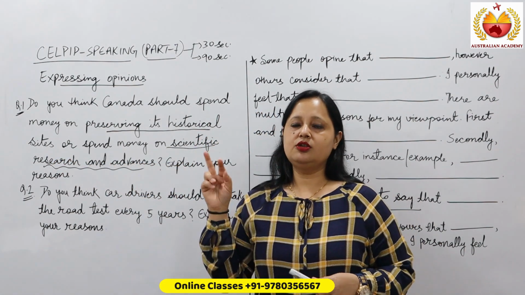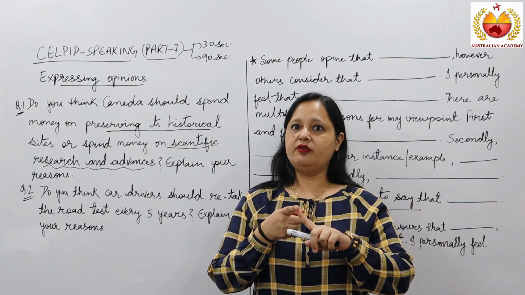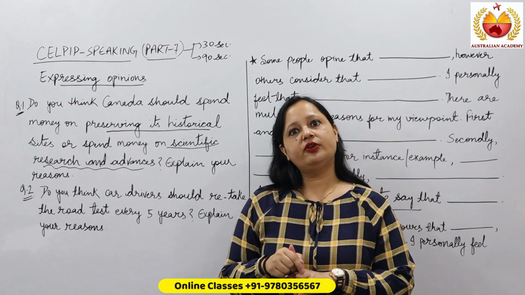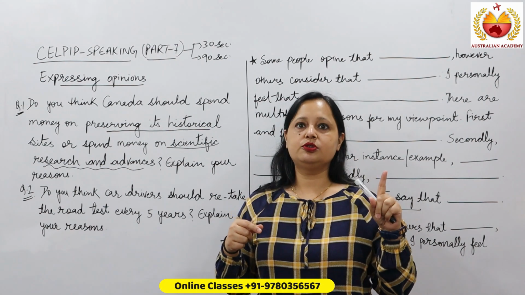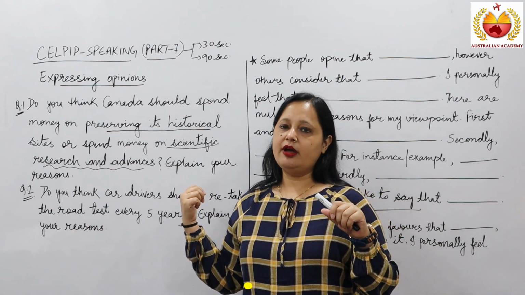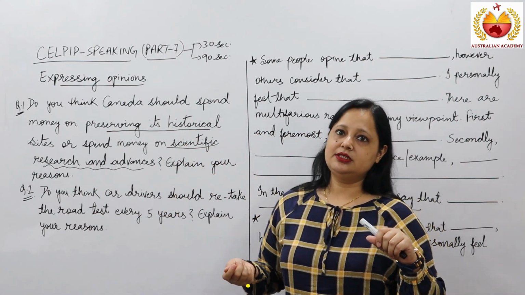There are 2 things you have to think about: what is the importance of historical sites, why they should be preserved, and then what is the importance of scientific research and advances. After comparing both points, you have to choose one. In this type of question, you have to analyze the importance of both quickly and then decide.